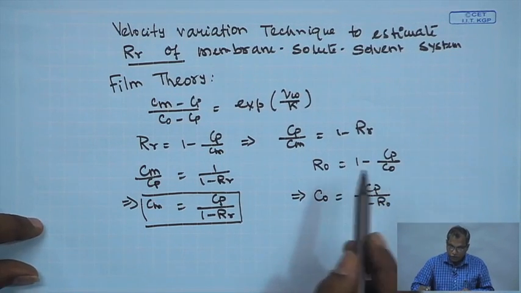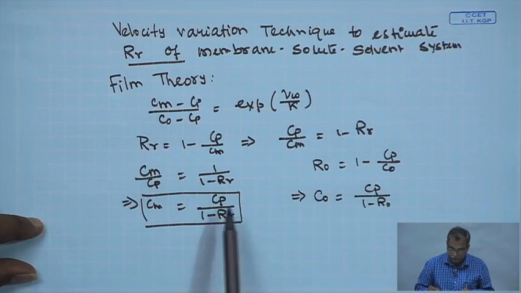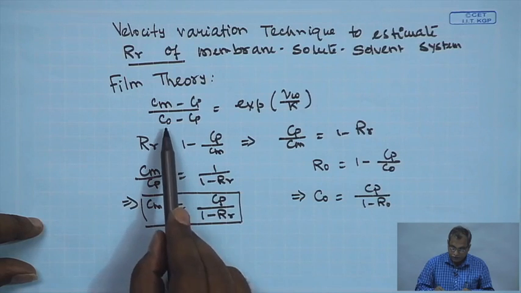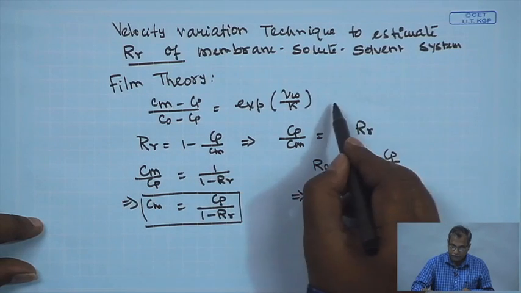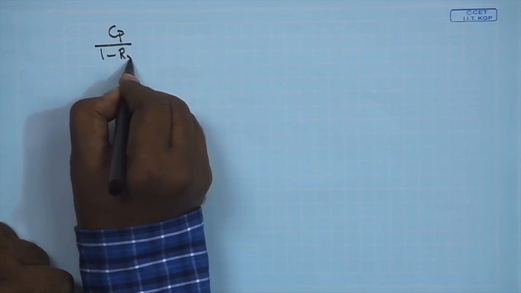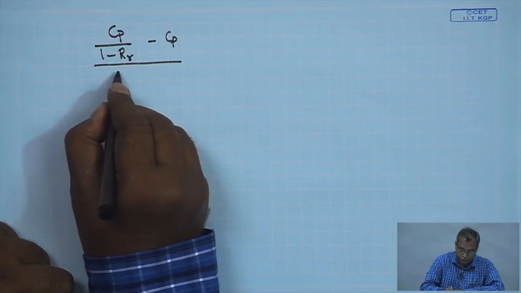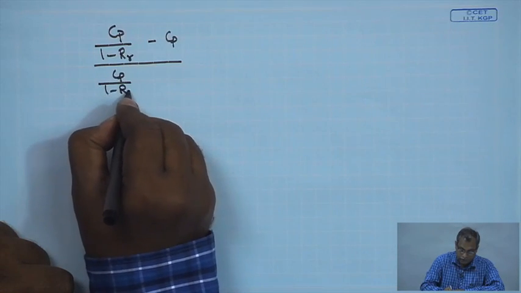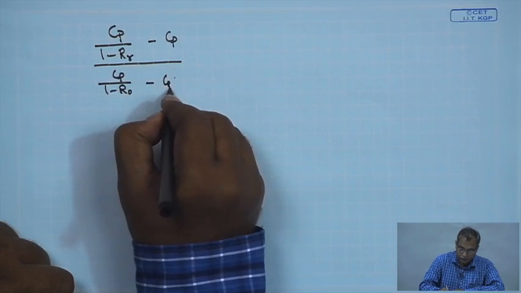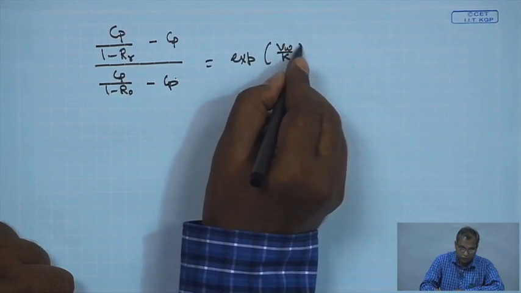So, now we are going to replace the expression of Cm in favor of Cp and Rr, and C naught in favor of Cp and R naught, in this equation and see what we get. If we do that, you will be getting Cp divided by 1 minus Rr minus Cp, over Cp divided by 1 minus R naught minus Cp, equal to exponential Vw by k.